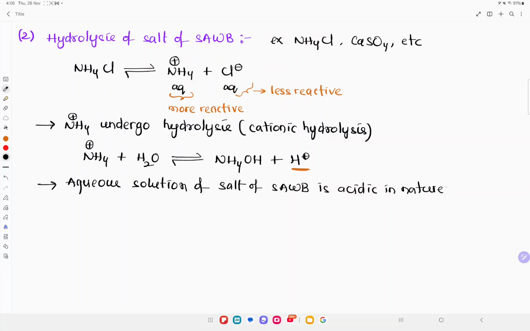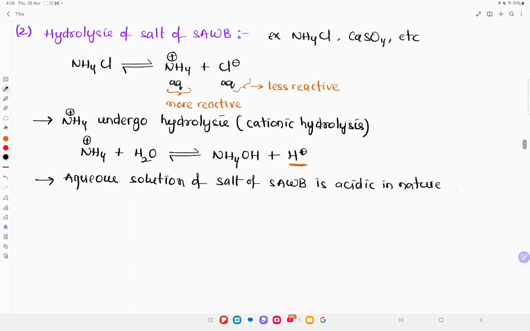Due to the release of H plus ion, the aqueous solution becomes acidic. That means pH is what? Less than 7.